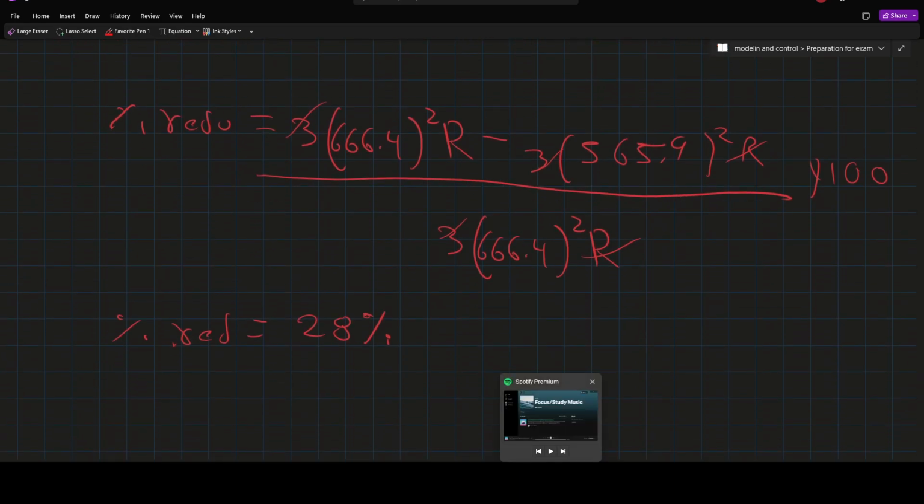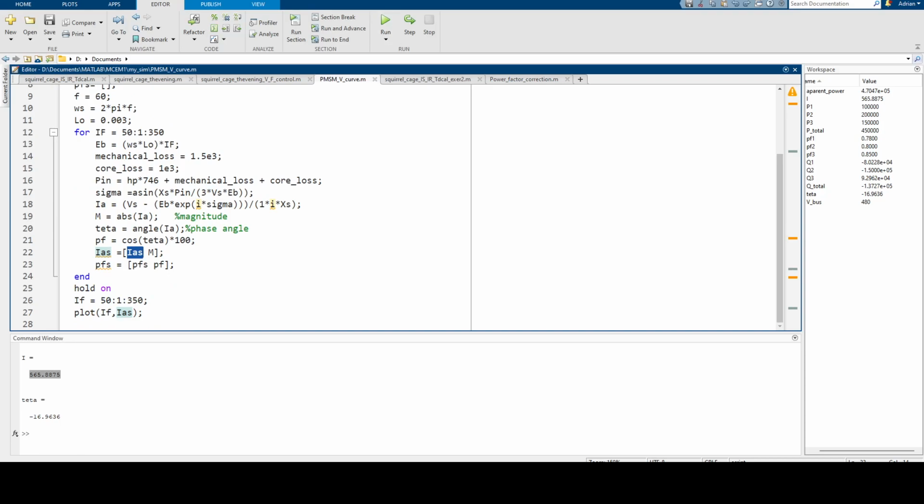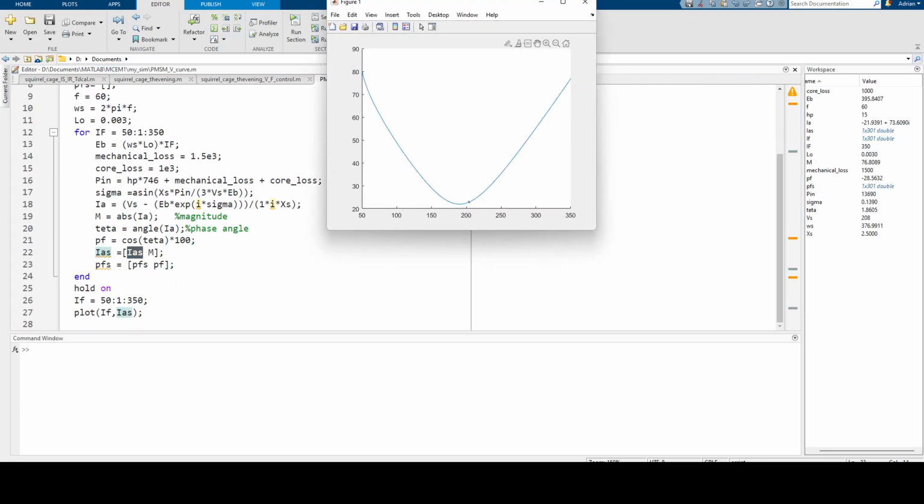And as we saw before, this is possible by changing the field current, so they are both increasing at the same time. Okay, I hope this helps. That is it.